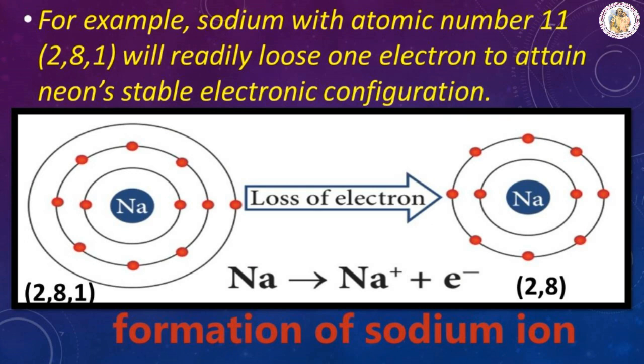So this is the formation of sodium ion from the sodium atom. Now the sodium ion electronic configuration is, in the first shell 2 electrons, in the second shell, the outermost shell, how many electrons? 8 electrons.